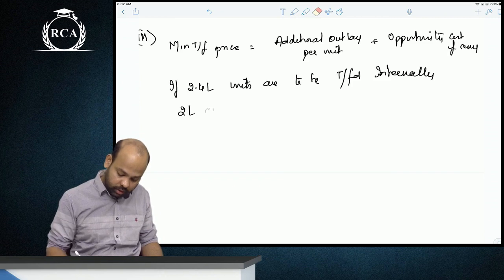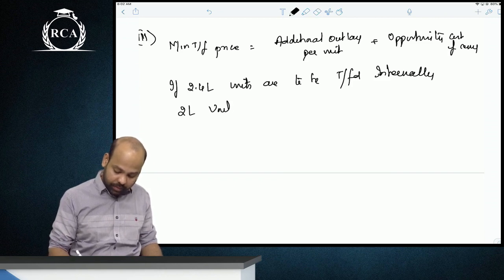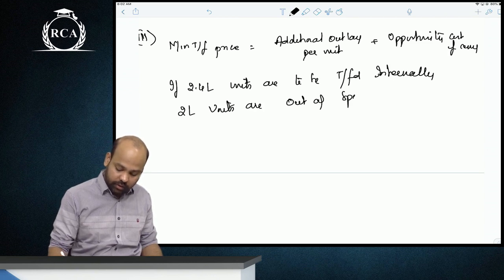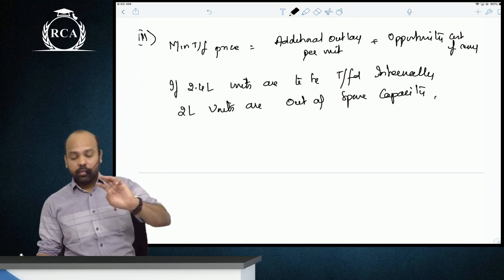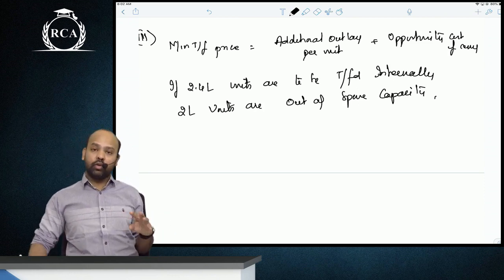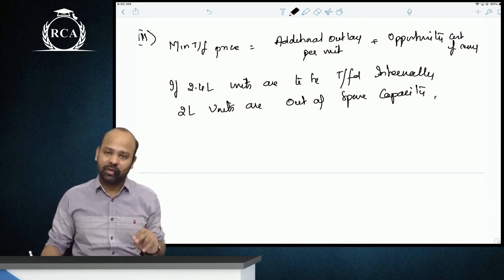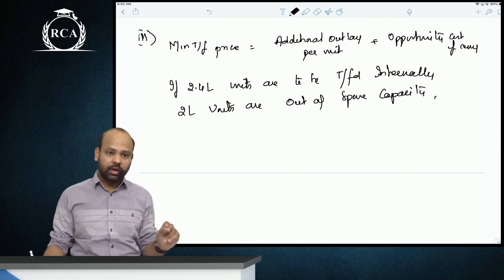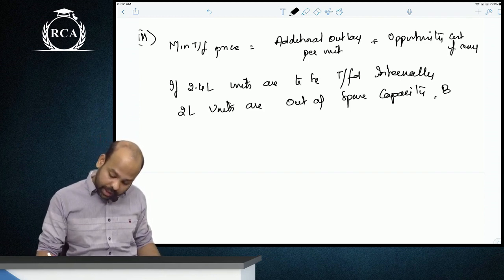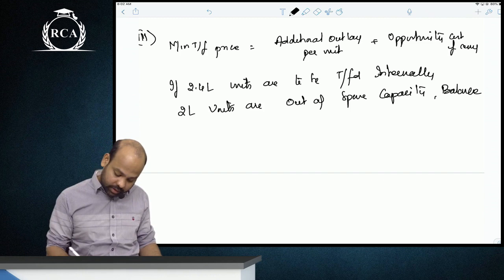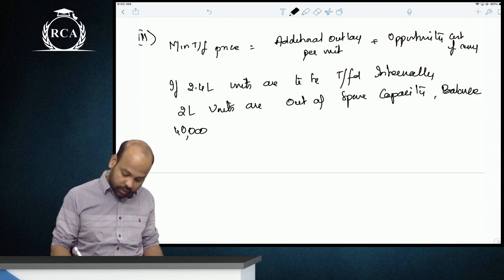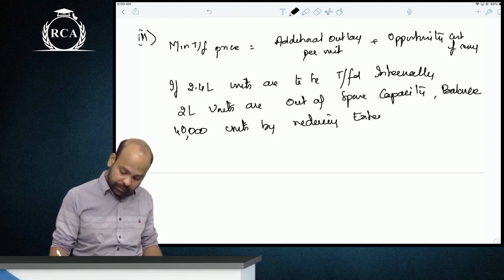Because we have an external demand of 3 lakh units, only 2 lakh units is the spare capacity. That 2 lakh units will be transferred out of spare capacity, and the balance 40,000 units by reducing external sales. Understood, sir?